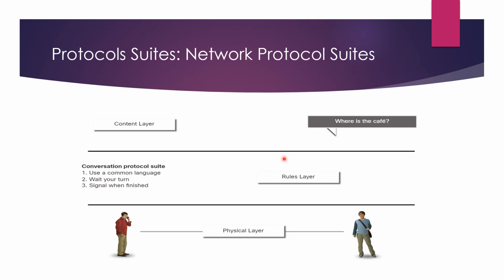In the middle, there is the rules layer, with the requirements of communication, including that a common language must be chosen. We have to wait for the other's turn. Every time we say a word, we have to wait for the other to respond, and we have to give a signal when we are finished. And at the top layer is the content layer, which is where the content of the communication is actually spoken. In this case, it is the cafe.